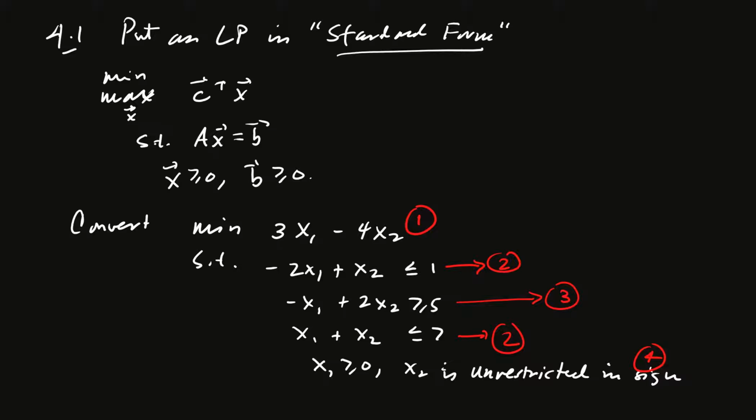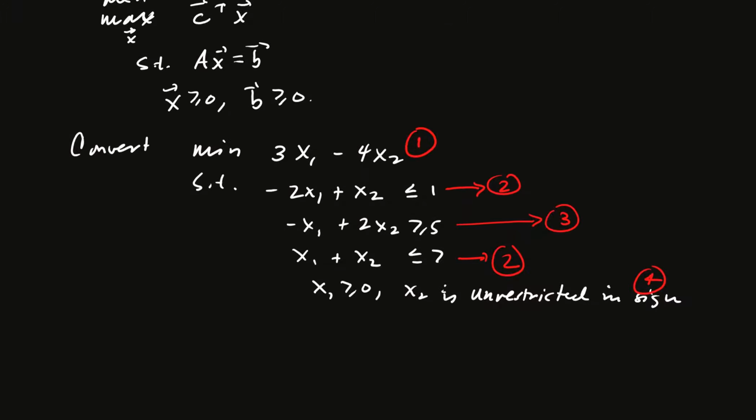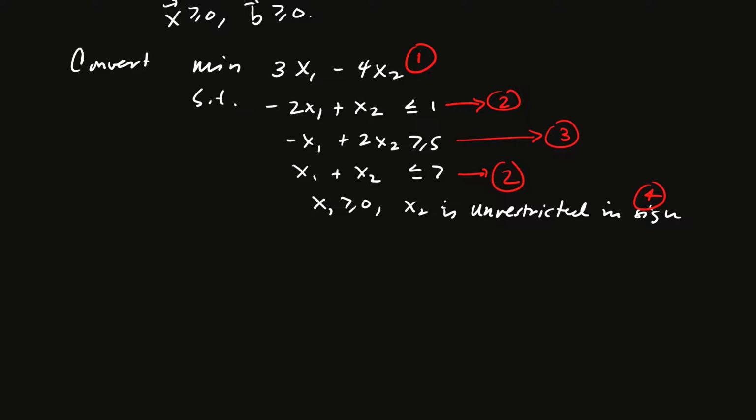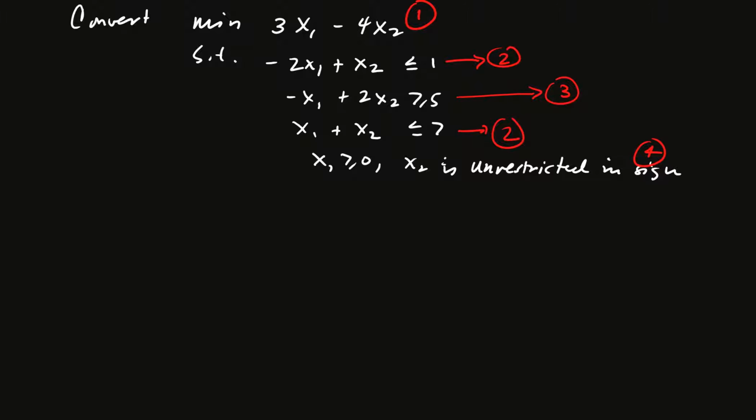So the secret here is in 2, 3, and 4 that we're just going to introduce new variables. So we're introducing a lot of new free variables. Now, for issue 1, converting the max to a min, you don't have to, but I think it's better to be consistent in everything we do.